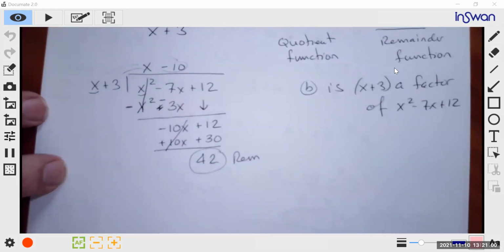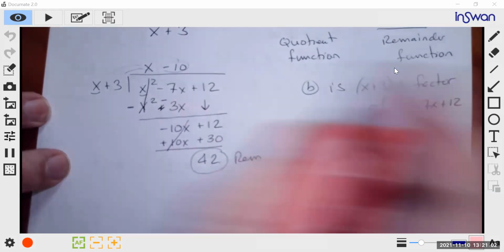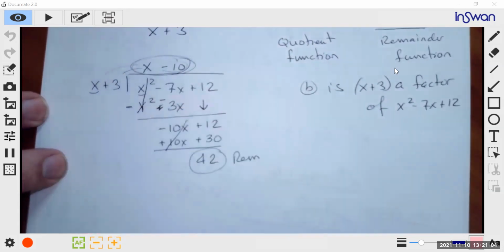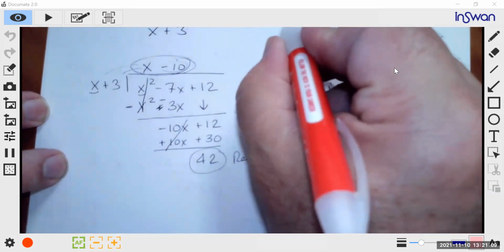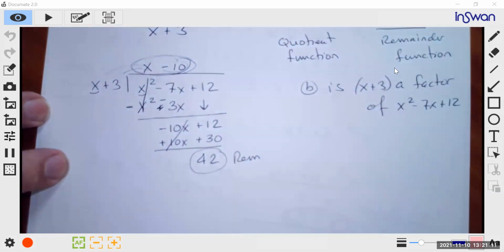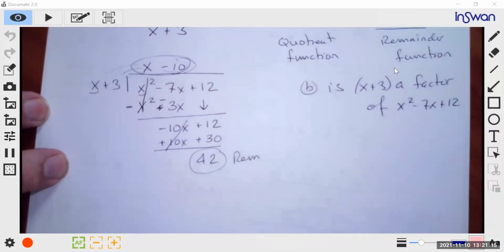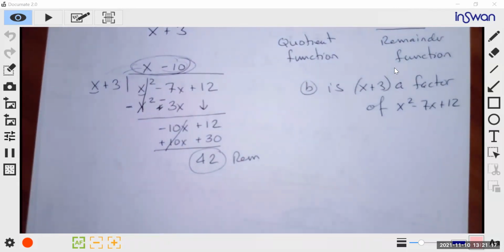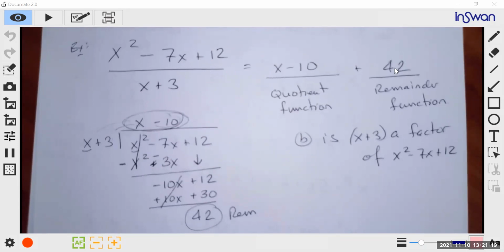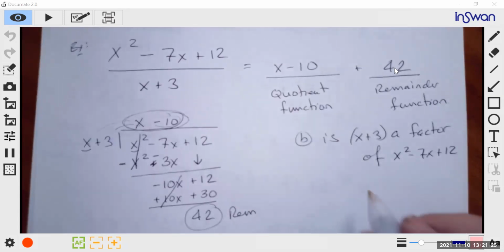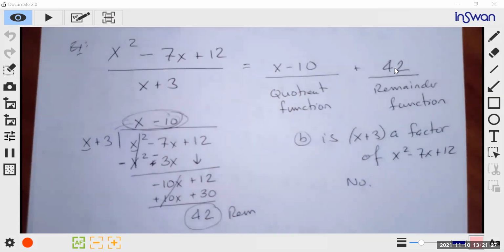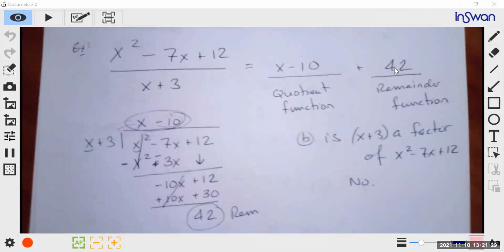There's your remainder, and there's your quotient. So the quotient is x minus 10, and the remainder is 42. So is x plus 3 a factor of our numerator? No, because the remainder is not 0.